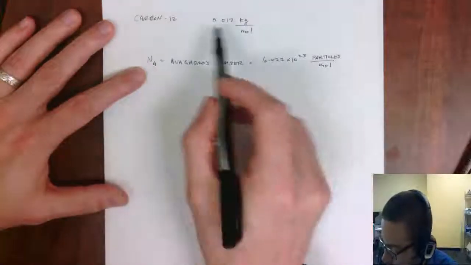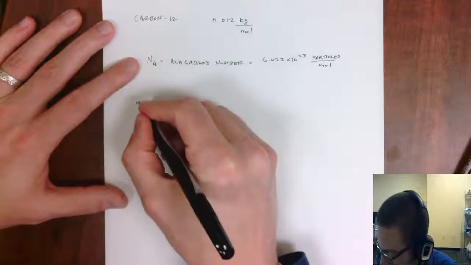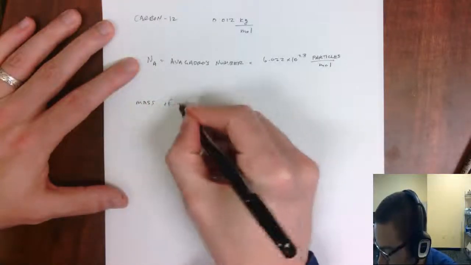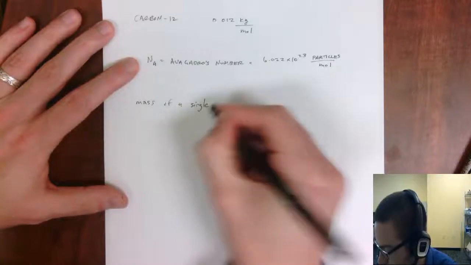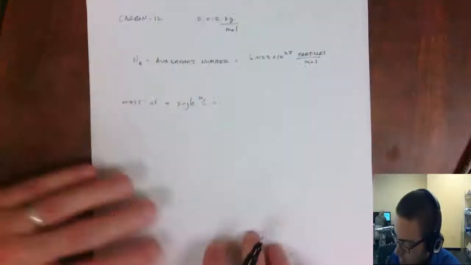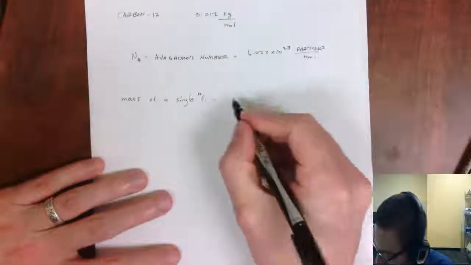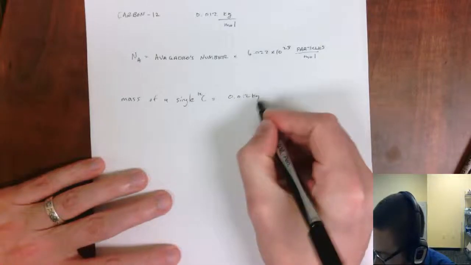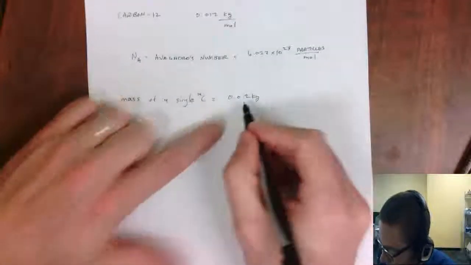So I want to find out what is the mass of a single carbon atom. And the way I would figure that out is, well, I have 0.12 kilograms. Actually, I want to convert this to scientific notation.